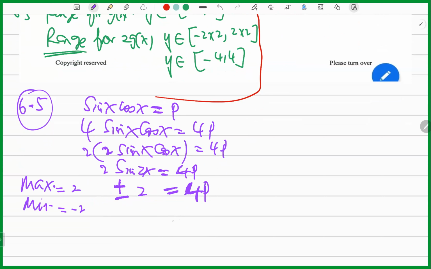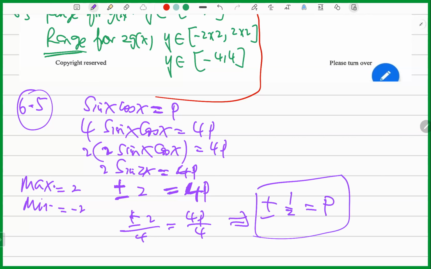You divide, so you have plus or minus 2 divided by 4, which is plus or minus 1/2. So p is plus or minus 1/2.